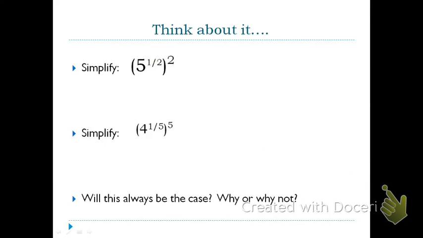We are just about done, but I've got two very spicy problems for you. And if fractions are not your thing, this is going to be a little tricky. 5 to the 1/2 power to the power of 2. So here we have the power of a power rule. This is the same thing as 5 to the power of 1/2 times 2. We need to remember how to multiply fractions by whole numbers.